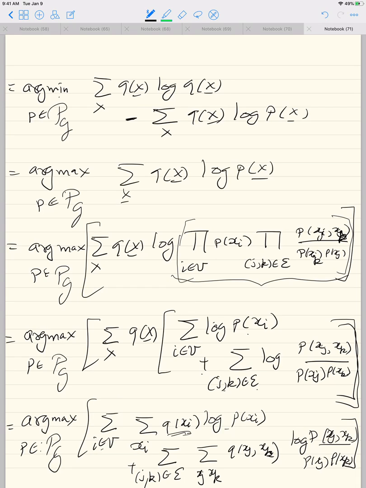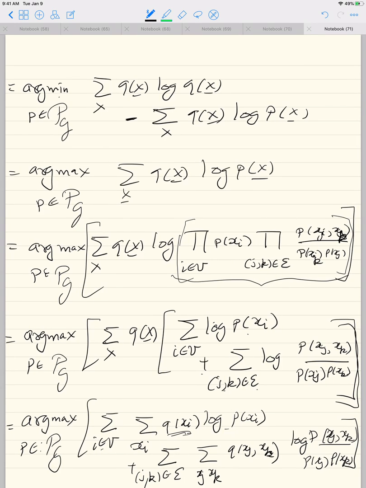So the first term is now summation over i in V, summation over xi, q of xi log p of xi. And the second term, similarly, if you interchange the order of summation, is summation over jk in E, summation over xj xk, q of xj xk log p of xj xk divided by p of xj p of xk. So we want to maximize this.